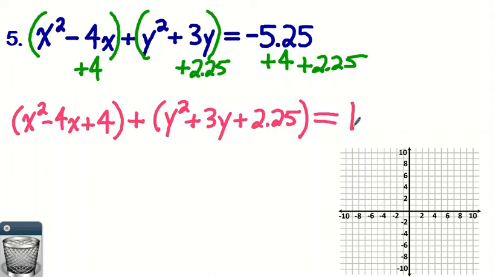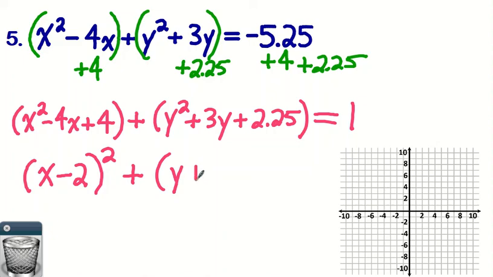Okay? Now, this unfoils into x minus 2 times x minus 2. So x minus 2 squared. And this would unfoil, I know this is really weird, unfoil, I'll address that in a second, but like y plus 1.5 squared.